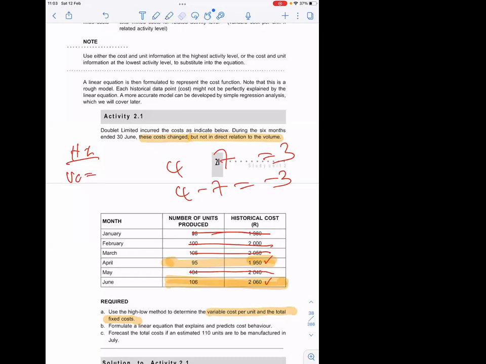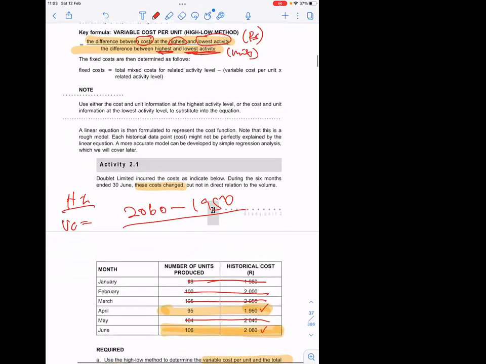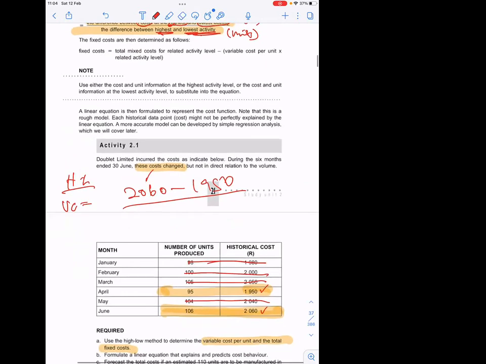The difference being, I can take the highest and separate the lowest. 2060 minus 1950, divided by the difference between the highest and the lowest level of output. We start with the highest there, you see. Highest amount there. The bottom also, we take this one, 106 and 95.